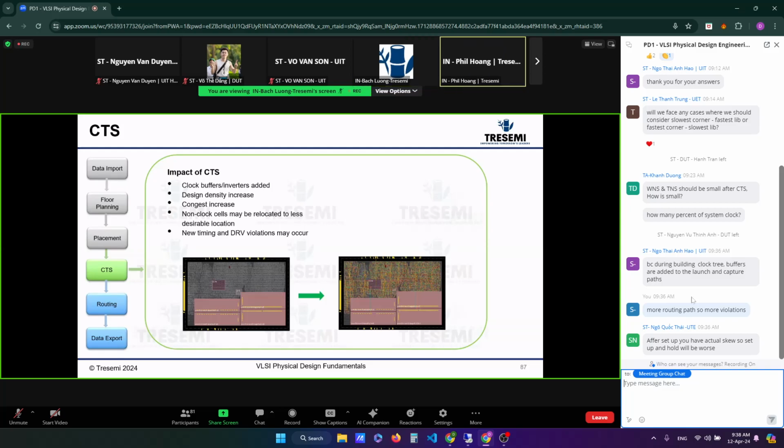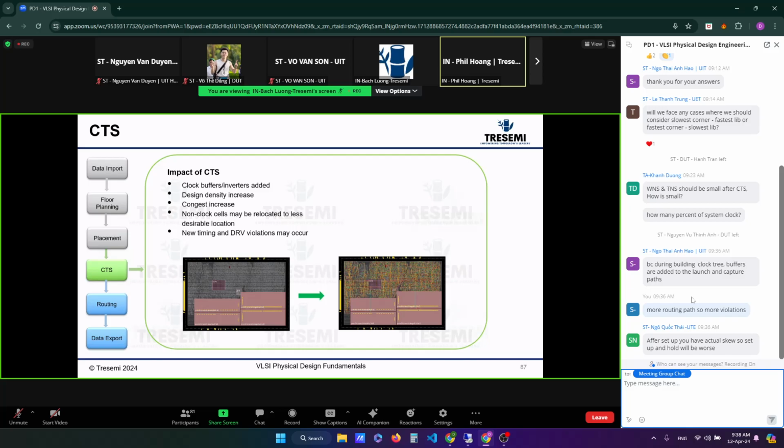So I want to add, on Ngô Quốc Thái, all good guesses, by the way, Ngô Thanh Hào, Nguyễn Văn Duyên, Ngô Quốc Thái, but on the getting worse, it depends, right? Before the clock trees are inserted, the clock skews actually are modeled. So you have clock skew modeled, say 200 picoseconds. The skew means that if you have different arrival times on different destinations, you want to model the actual variations, versus just zero skew.